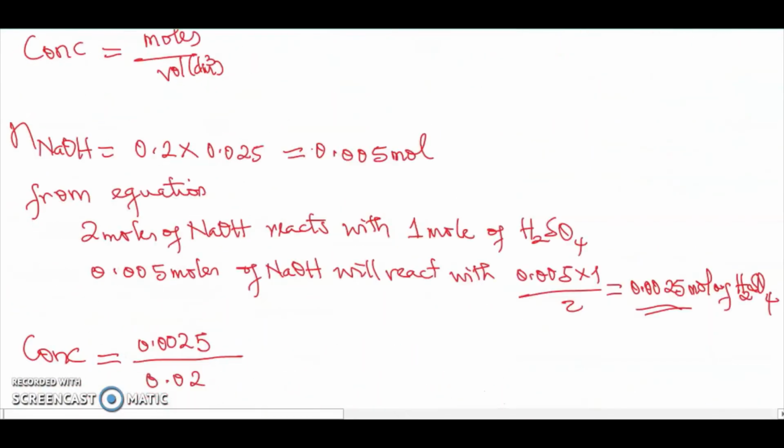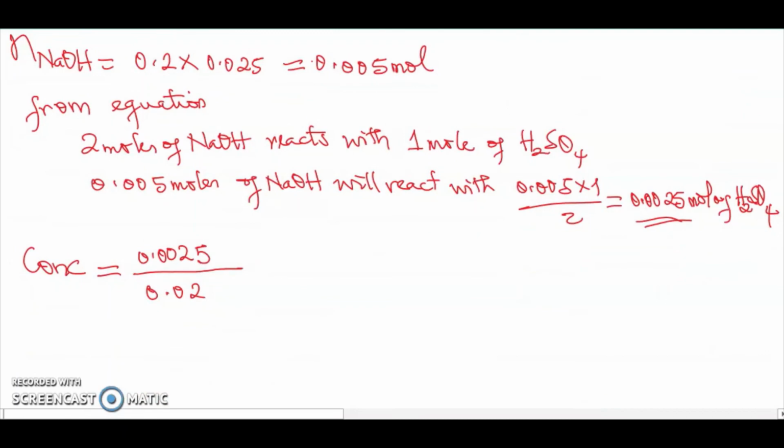That is what has given us the 0.02 dm cube. So from here we now have 0.125 mole per dm cube. So this is the concentration of the sulfuric acid in mole per dm cube.